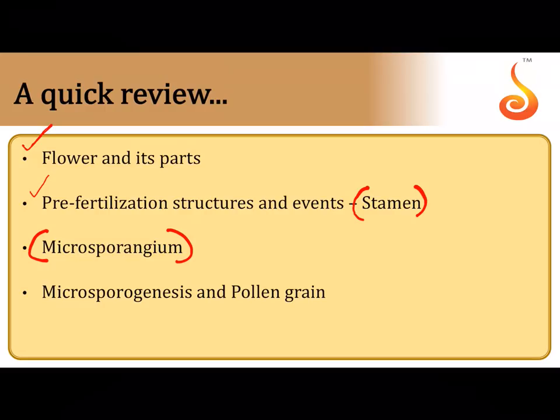Then we had seen the process of microsporogenesis, how a cell called the microspore is formed, and each microspore transforms itself into a 2-celled or 3-celled pollen grain. When the pollen is released from the anther, in 60% of all angiosperms it is 2-celled, with a larger vegetative cell and a smaller generative cell. In the remaining species, it is 3-celled. So this is a quick review of what you learned in the previous lecture.